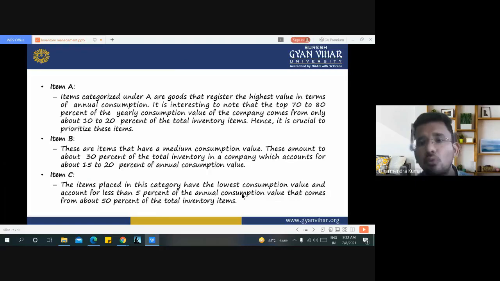It is interesting to know that the top 70 to 80% of the yearly consumption value of the total inventory cost comes from only about 10 to 20% of the total inventory items. Here you can see that the items are only 10 to 20% of the total inventory items in number, but they consume 70 to 80% of the total inventory cost.